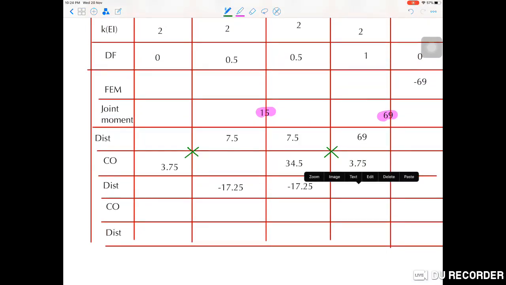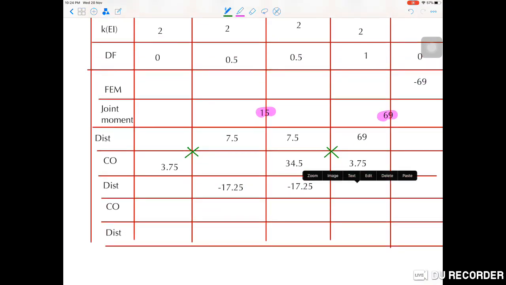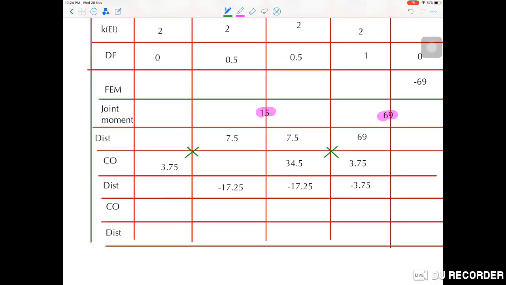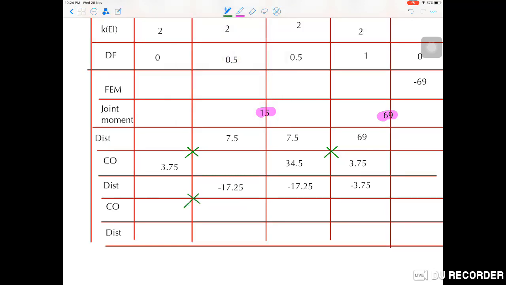And for CB, it is 3.75 times 1, it is negative 3.75. Okay, we continue carry over. It is 17.25 divided by 2, 8.625.